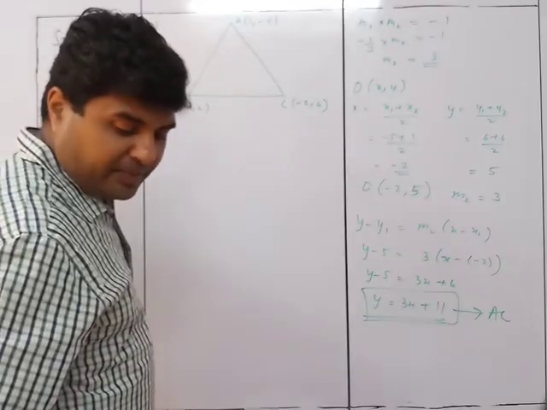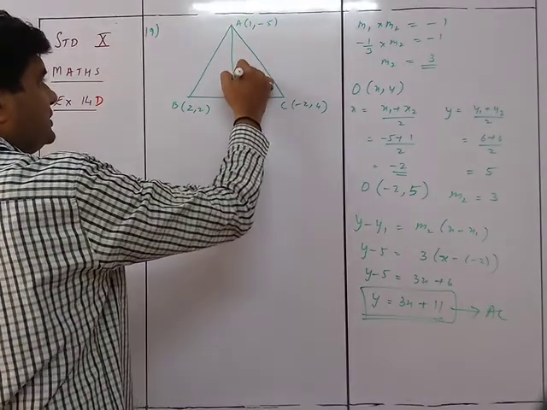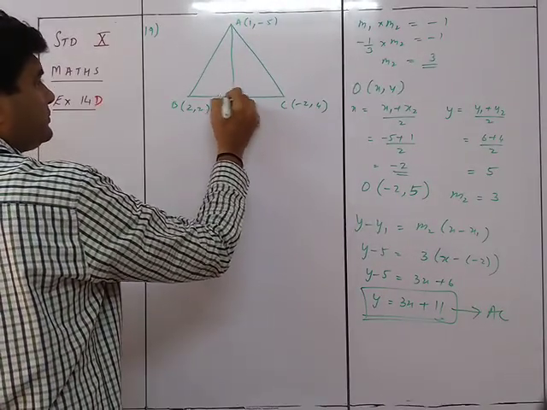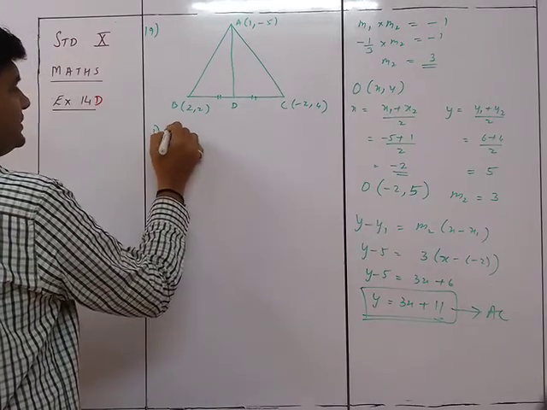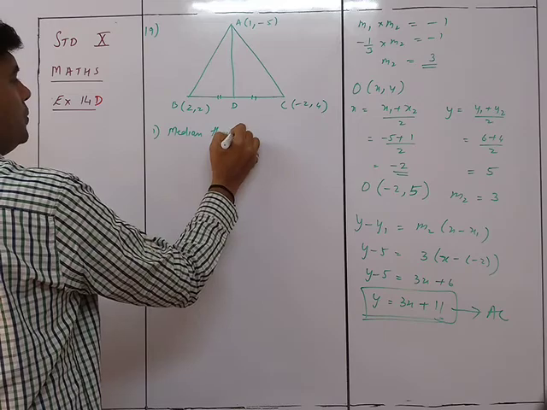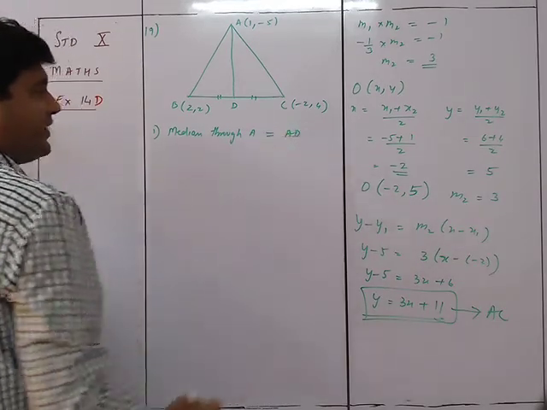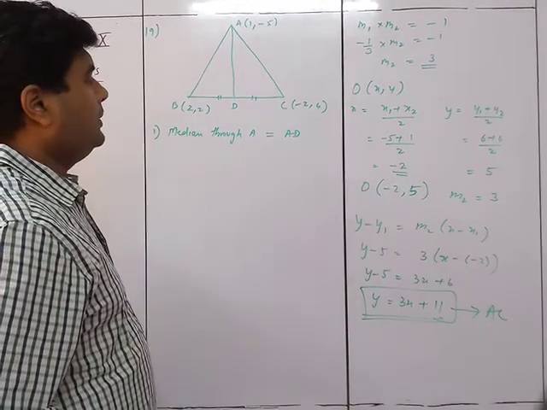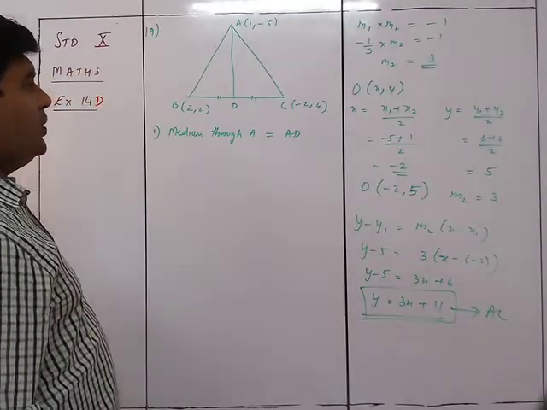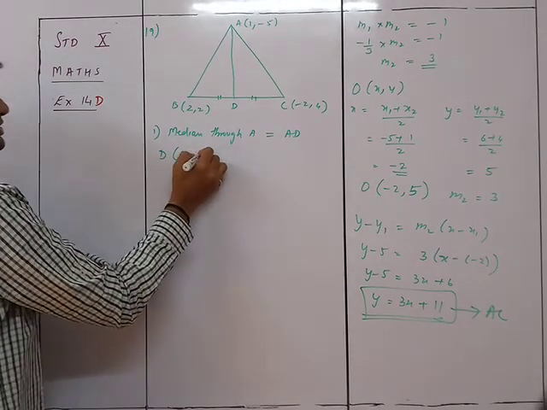What you want first is the median through A, that is nothing but AD, the equation of line AD. Now for the equation of line AD, we very well know that D is the midpoint of BC, so we'll find out D, x comma y, first.